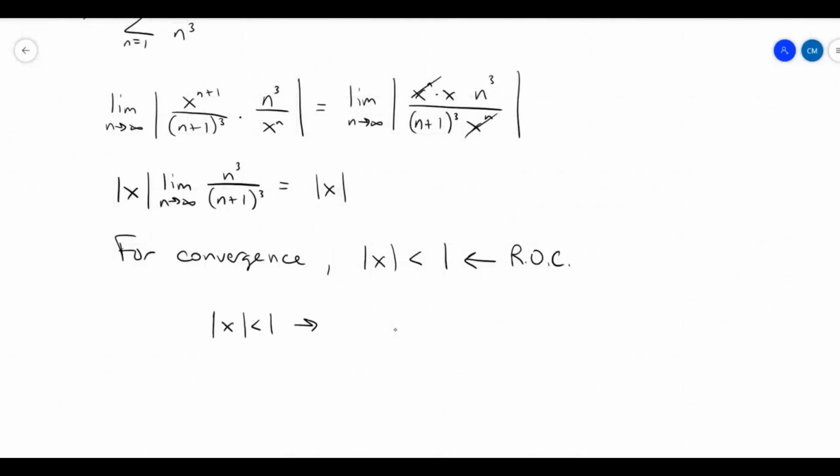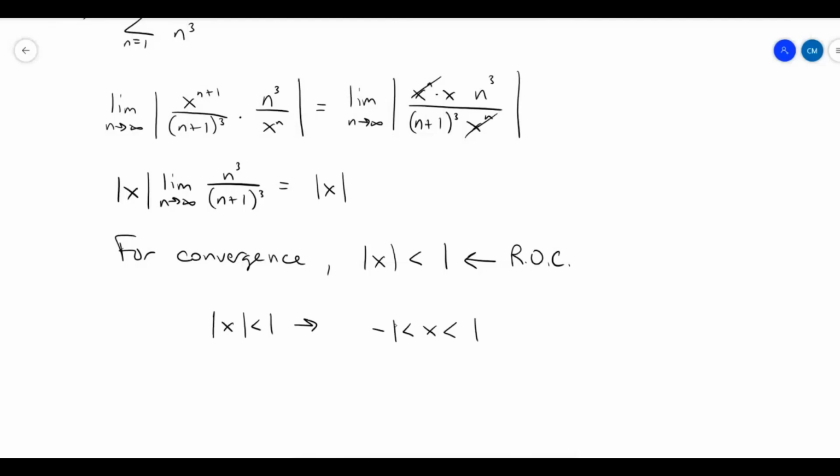Anytime you have the absolute value of anything less than 1, thinking way back to your intermediate algebra class, you can always write that as a compound inequality, where this quantity here, x, is greater than the negative of that, but less than the positive of that. That's what the absolute value being less than a number actually means. So that's the compound inequality that you get from that, okay?